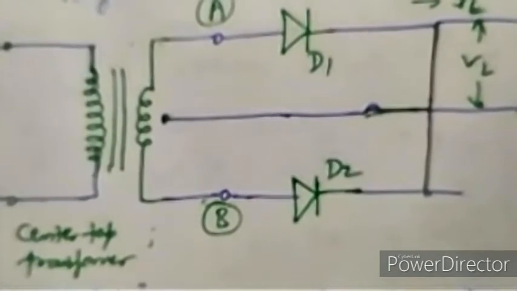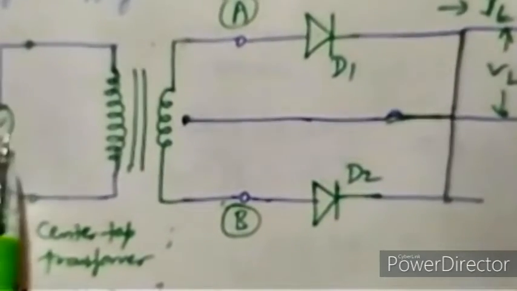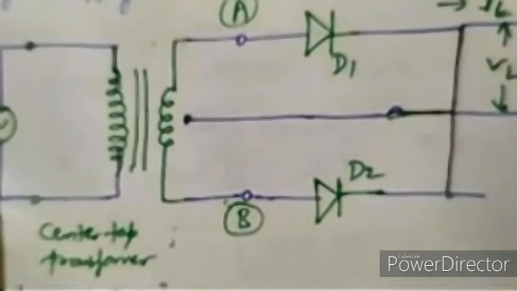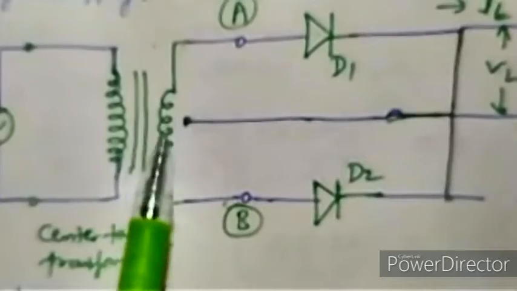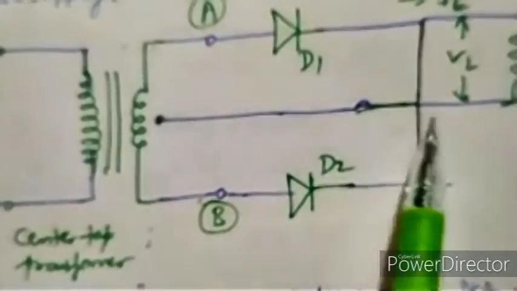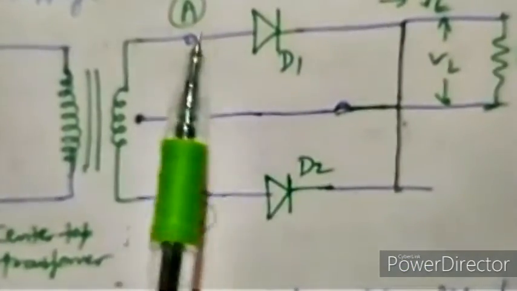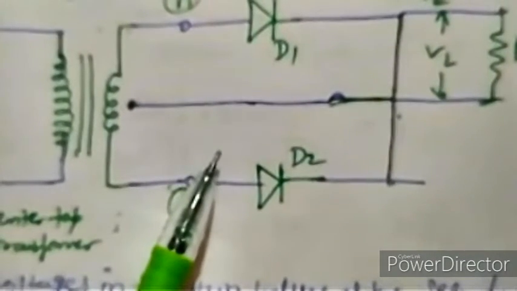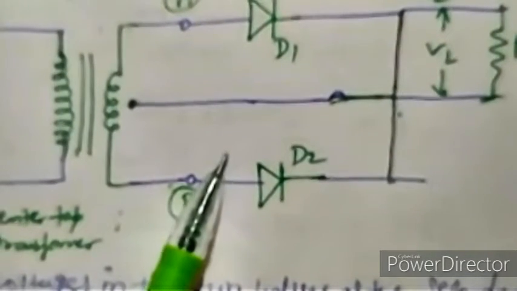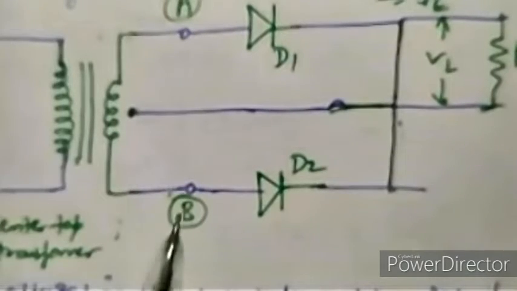This is the AC input. Here I'm using a step down transformer, with the secondary coil center tapped, two diodes D1 and D2, and the load resistance. This is the figure for the full wave center tap rectifier.